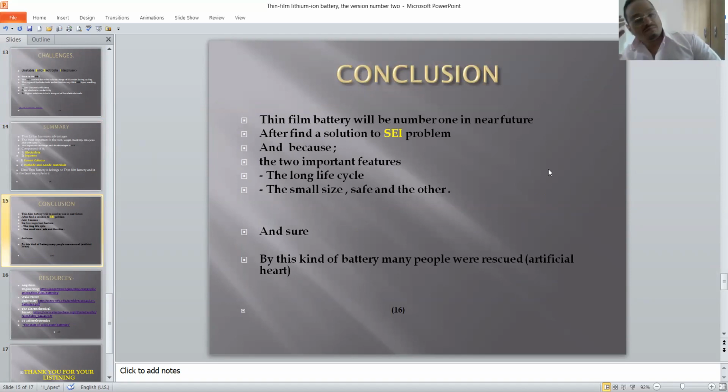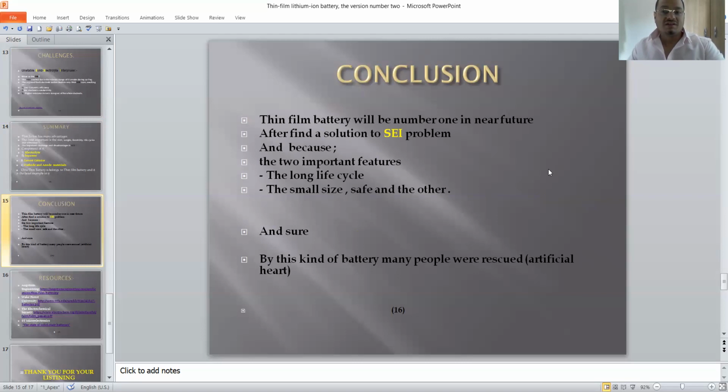Let us imagine, do imagination together. If we have an electronic heart, sure, we need a battery, we need a power source for it, and this heart is not big, like the size of the normal heart.